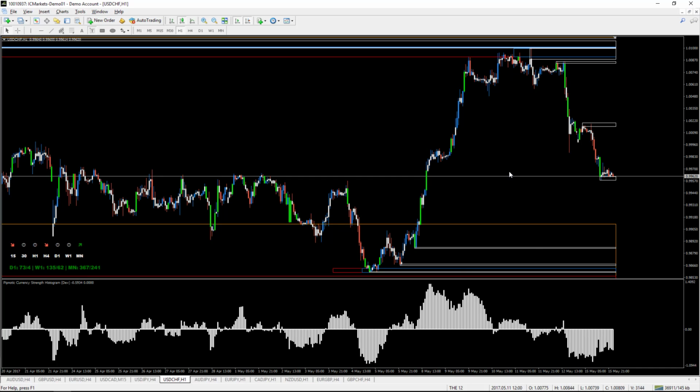Price reached up here, we moved back down, and we tested this area of demand. Price had another push higher, but the strength of the dollar in relation to the franc jumped to a third of what it was. This is a very good indication that price is seeking the liquidity here to move price lower. And price sold off here.